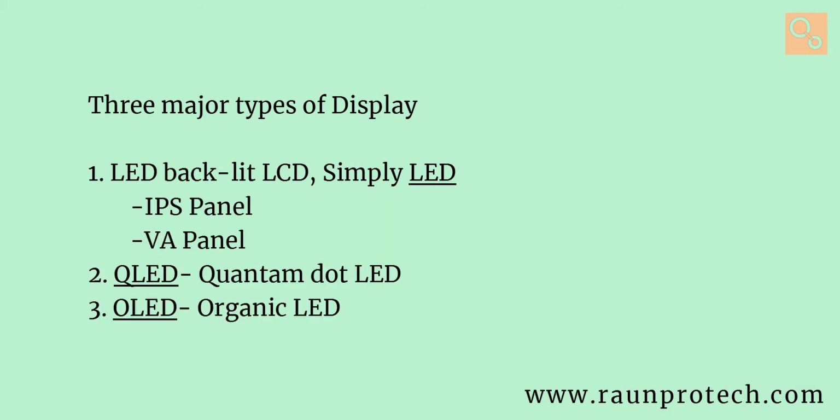Now let's talk about the subtypes of LED displays. Two subtypes are popular with TV brands: IPS panel and VA panel. The IPS panel has better viewing angles and the VA panel has much wider contrast, which results in deeper black, but viewing angles are limited.